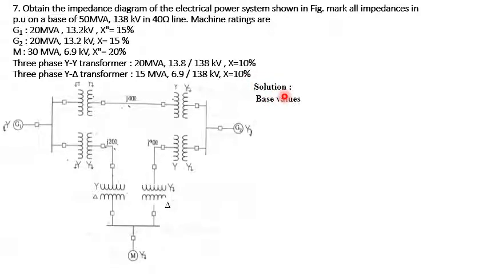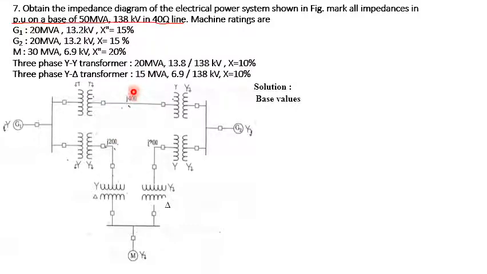Before that we have to choose the base value. What they have mentioned in the numerical is a base of 50 MVA, 138 kV in the 40 ohm line. So this is our base.